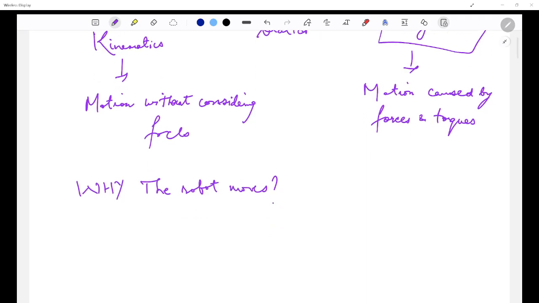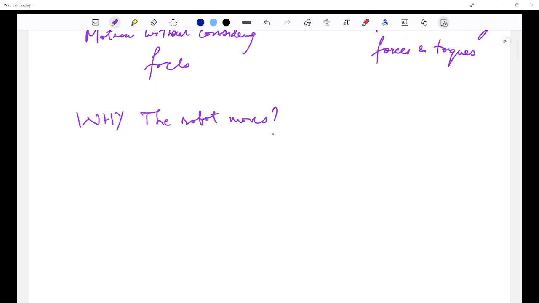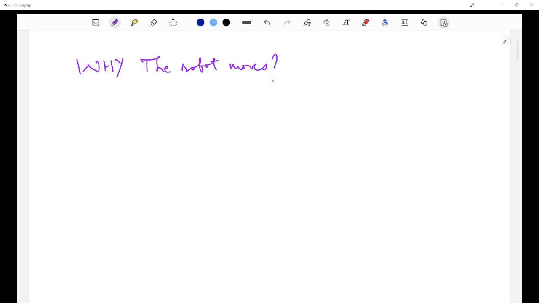So in robotics dynamics we answer what torques should the motor apply, or what forces act on the robot links, or how do mass and inertia influence the motion. So all of these things come into picture. So basically dynamics studies motion of the robot links caused by external forces and torques. Okay, they are very important.